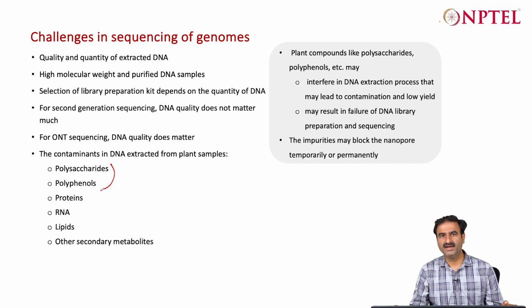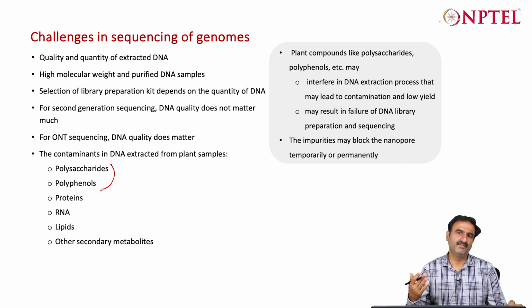In the case of insects, again polysaccharides, polypeptides and proteins could be an issue. So the selection of DNA extraction, purification and sequencing methodologies are all critical and important steps while you are handling a genome.